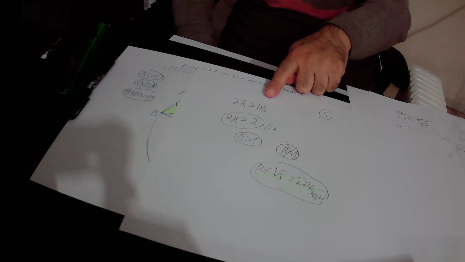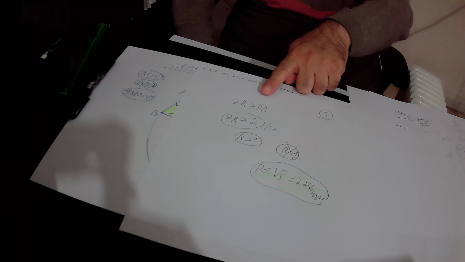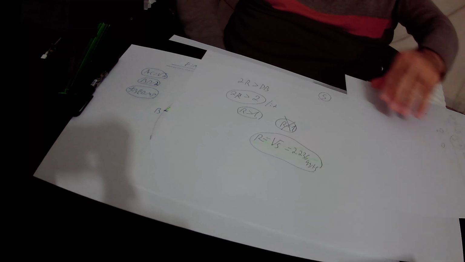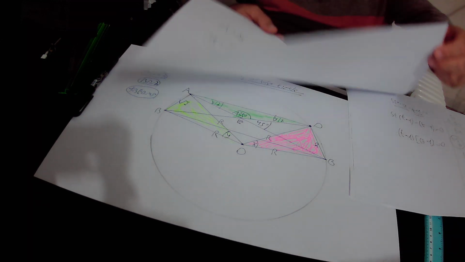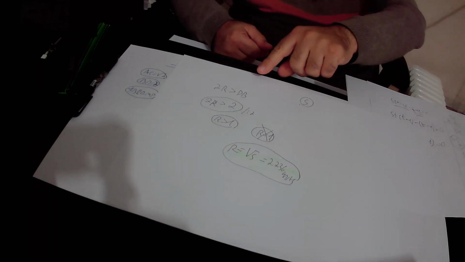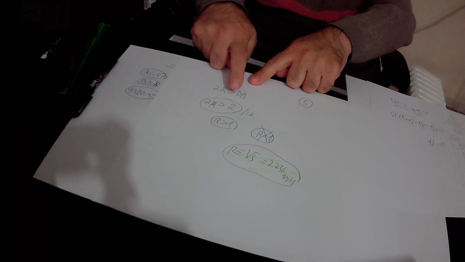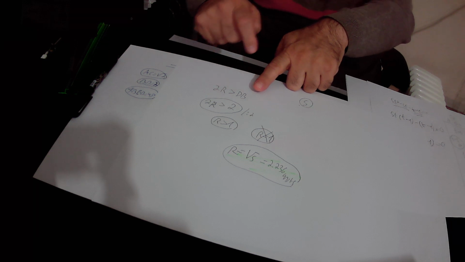Because DB is not the diameter, and the diameter is the longest chord in the circle. It is given in the problem that DB equals 2 units. So we substitute DB by 2 in this inequality, and we found out that 2r is greater than 2. We divided this inequality by 2 and found out that r is greater than 1.